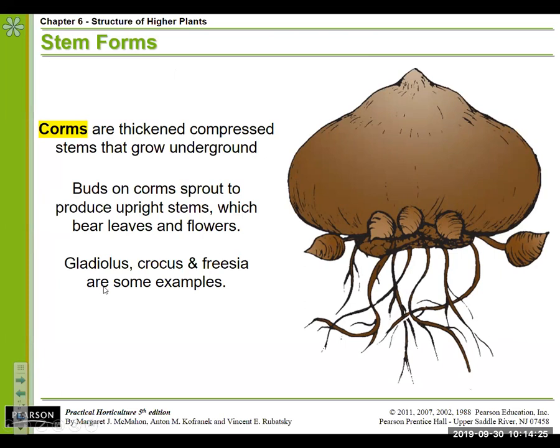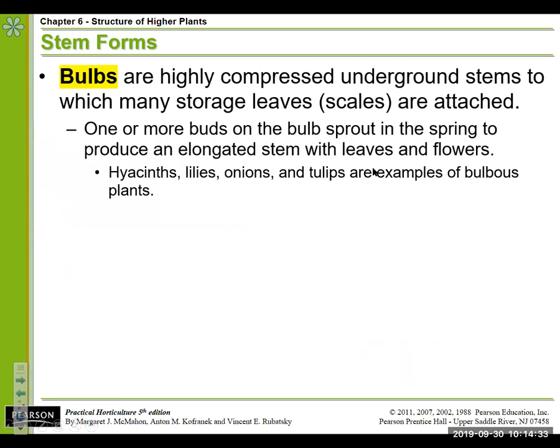We have these bulbing plants such as gladiolus and crocus that produce this type of stem, the corm. I think of a corm as a type of bulb, but a bulb is actually a specific type of compressed underground stem.